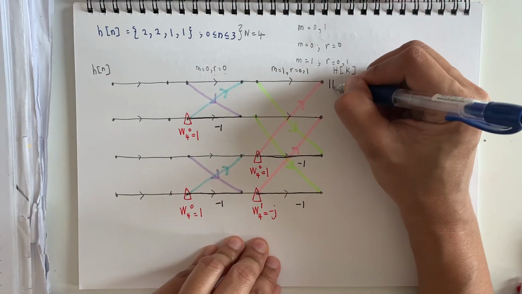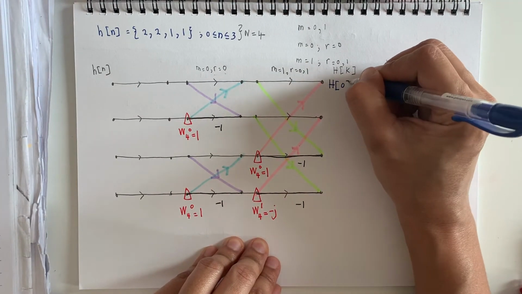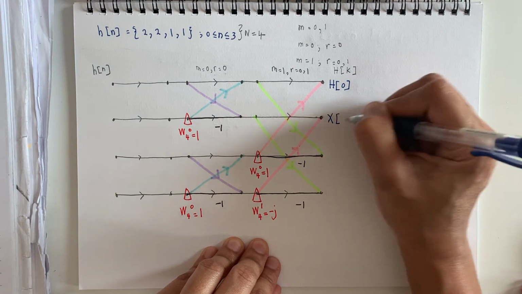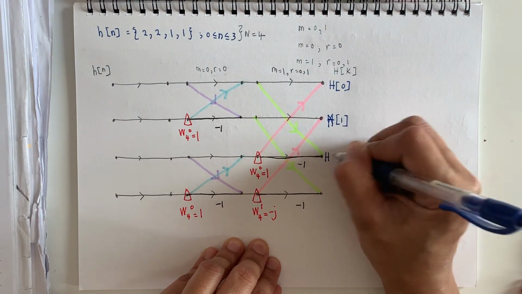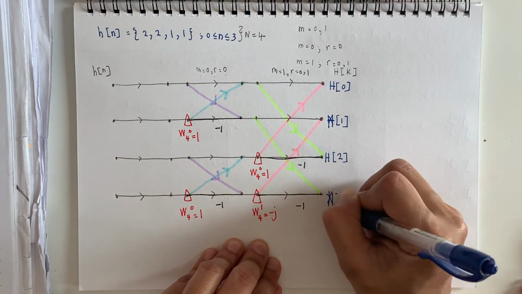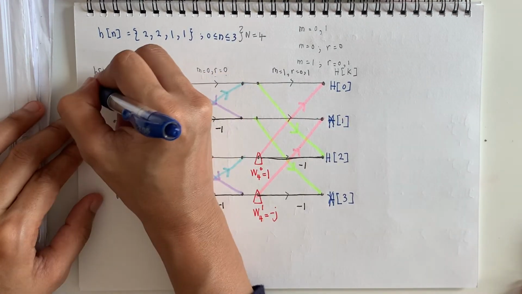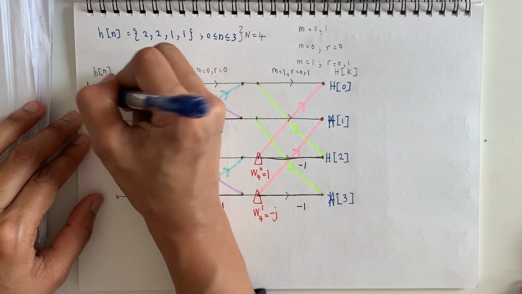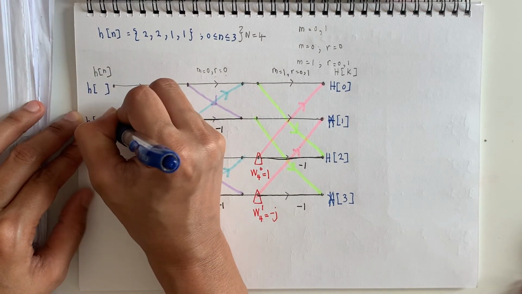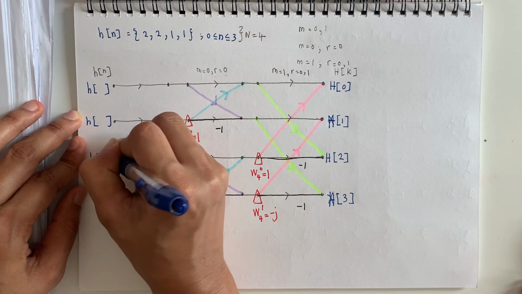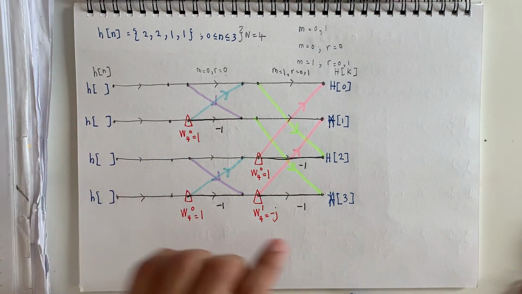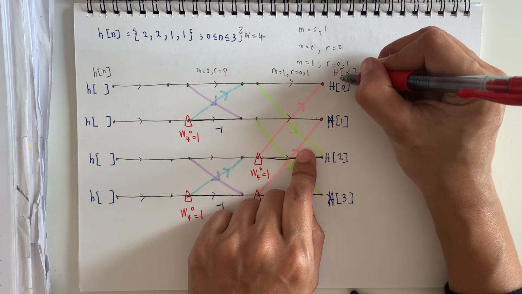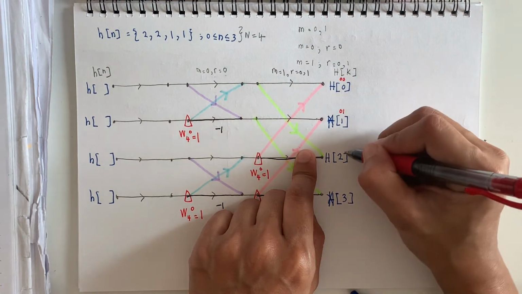For DIT FFT, the output will follow the sequential order. For the input you need to do bit reversal. For you to do bit reversal, make sure you convert your decimal to binary.